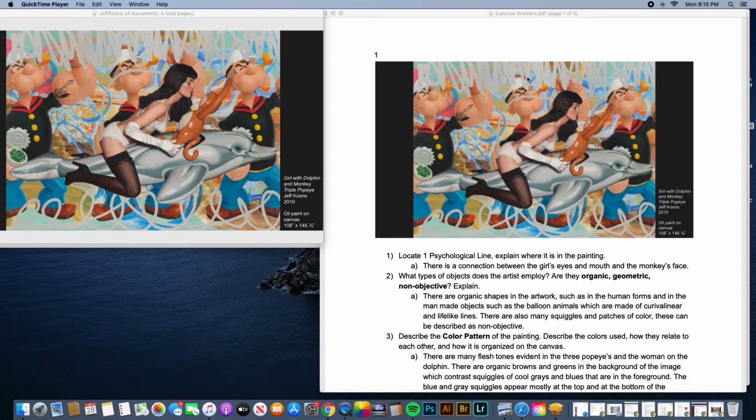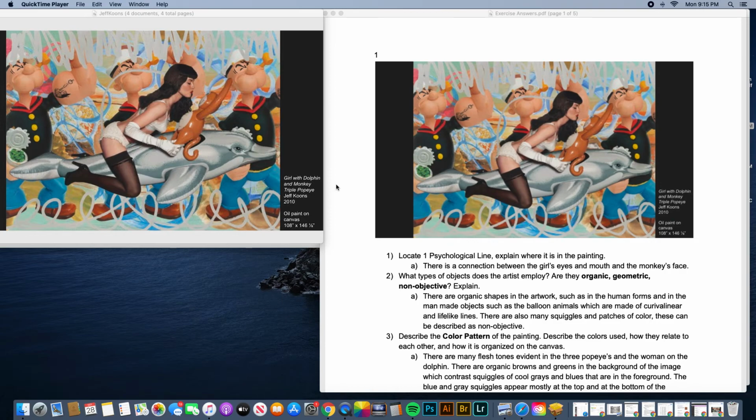So I see a psychological line between the face and the face. Psychological lines, by definition, are lines that we, as viewers, are able to draw because psychologically we are drawn to those lines or to relationships.